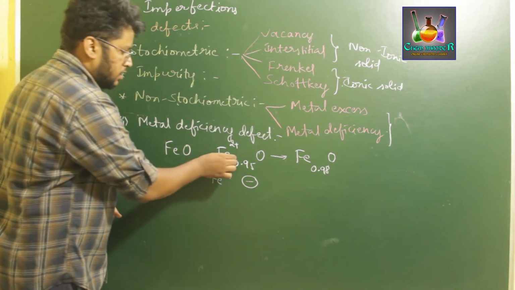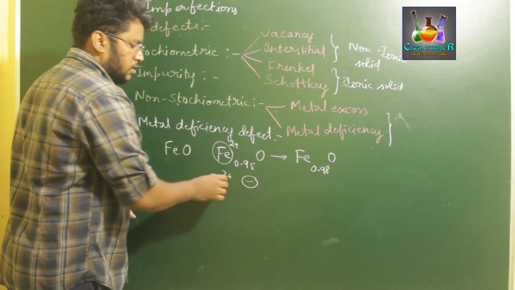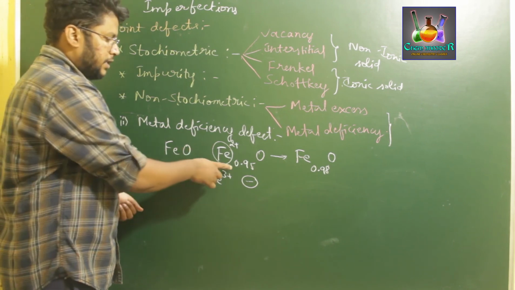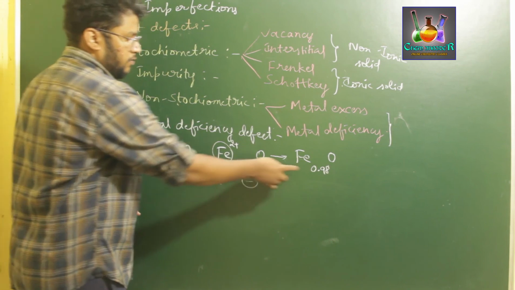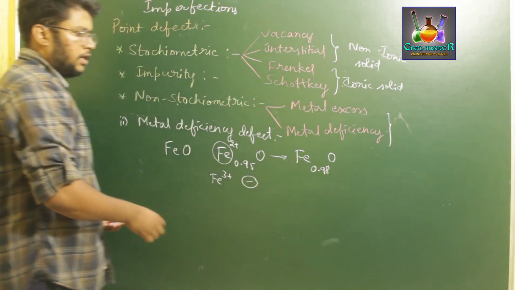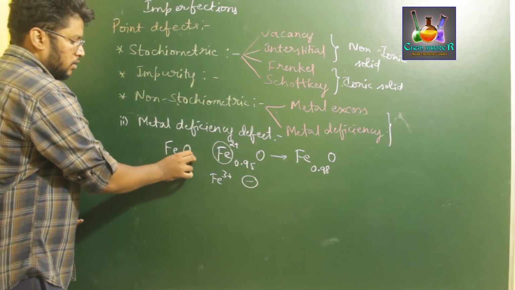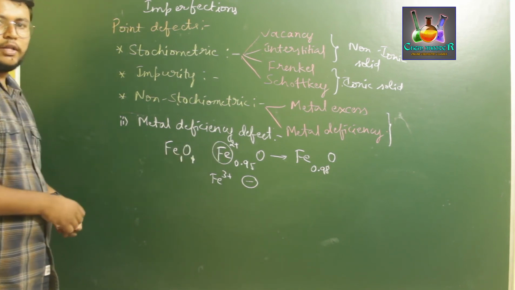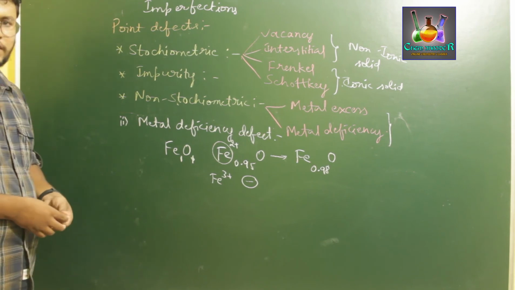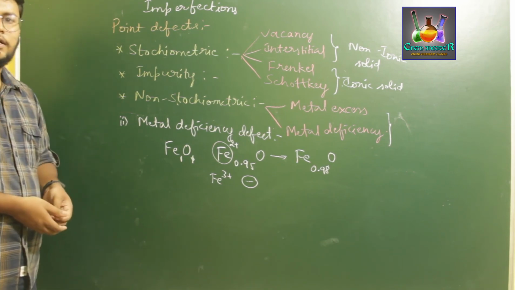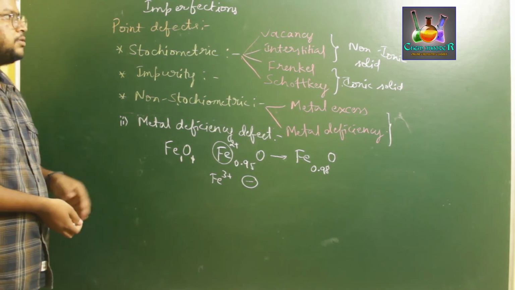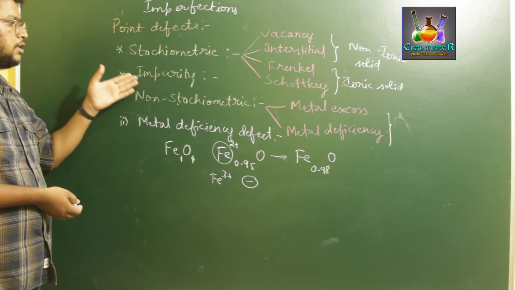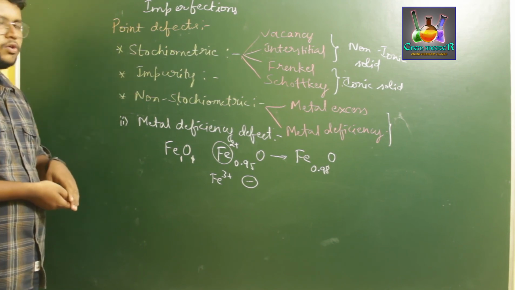This deficiency of metal, from 100% to 95% or 98% compared to FeO, this ratio of difference is called the metal deficiency defect. So this is all about the imperfections present in a solid crystal, that is, stoichiometric, impurity defect and non-stoichiometric defect.